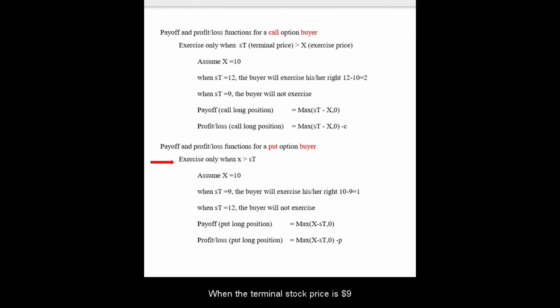When the terminal stock price is 9, then buyer will exercise his or her right. The payoff, 10 minus 9 is 1. If stock price is 12, the buyer will not exercise his or her option because if they want to sell, they can sell at 12 instead of 10.